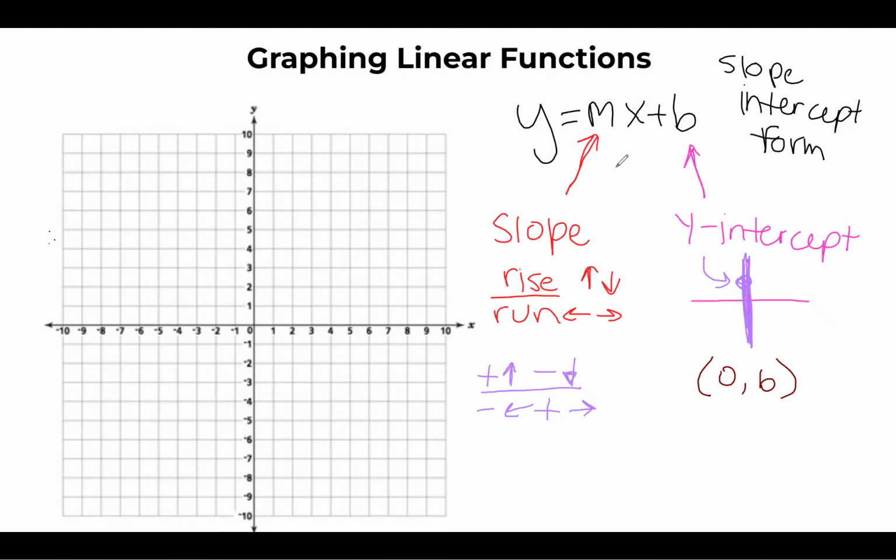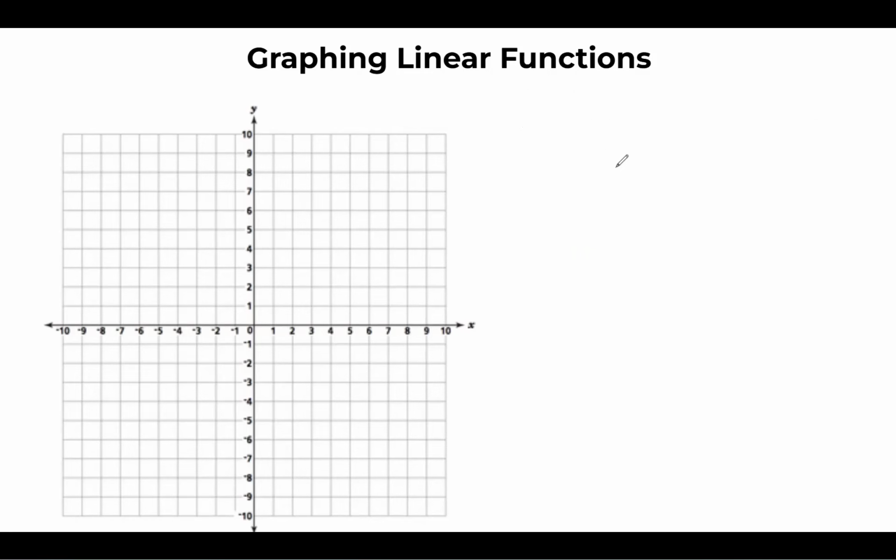All right, so we're going to go ahead and use an equation and actually graph this. We're going to start off with the following equation: y is equal to 2/3 x plus 1.